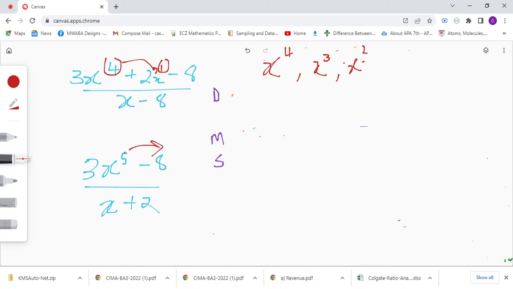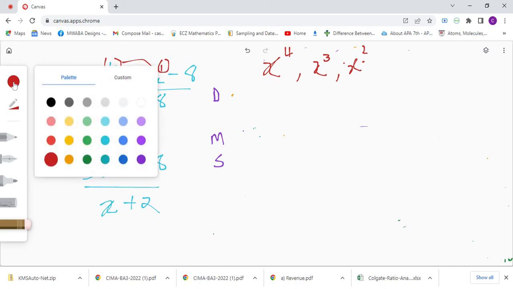So you know that in my division I'll have to include them. They should be in order: x to the power 5, x to the power 4, x to the power 3, x squared, and x. So if you see them missing, then you'll know when you're dividing.